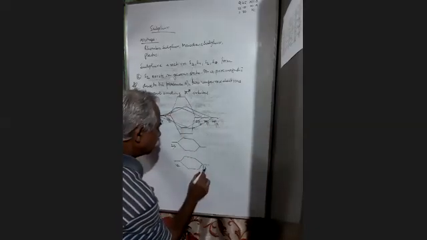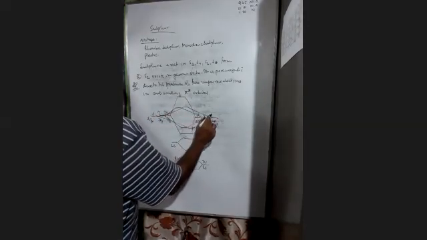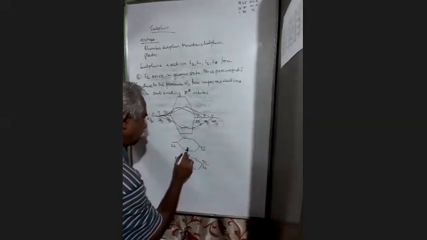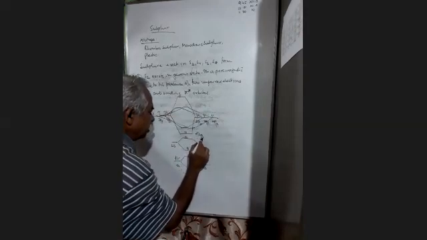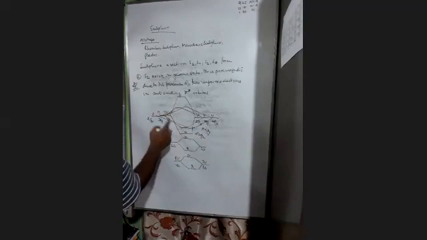So it is 1s, 2s, this is sigma 2pz. This is pi 2px, pi 2py.